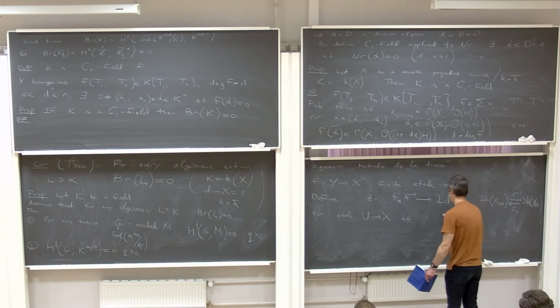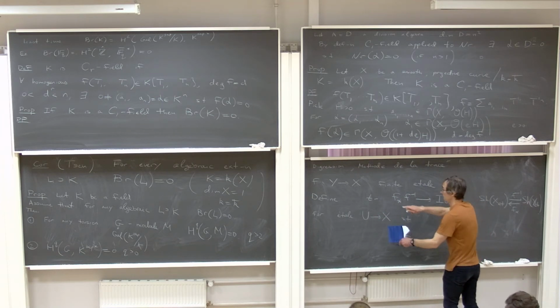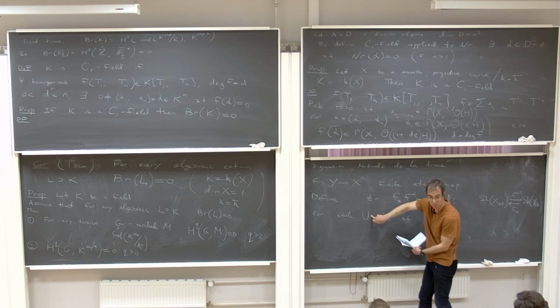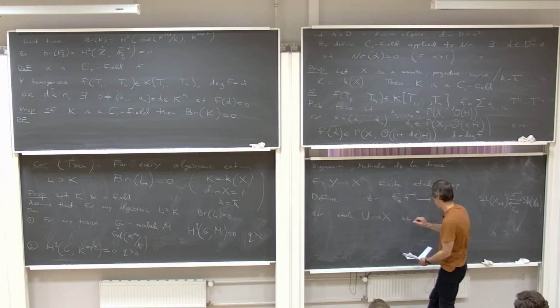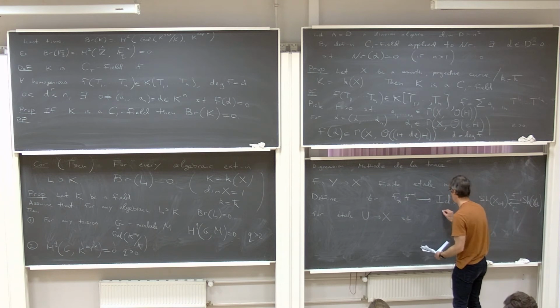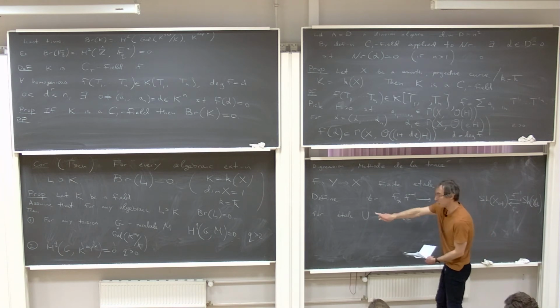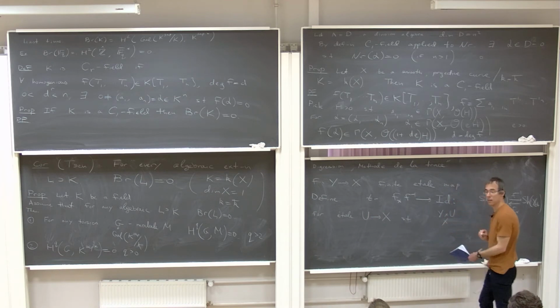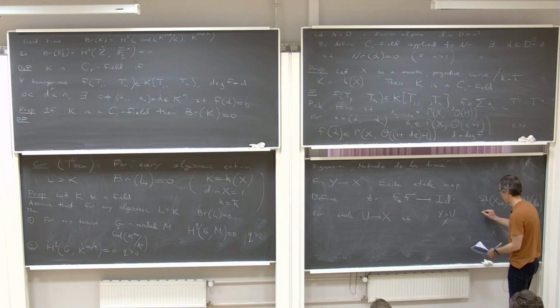I mean that this finite étale cover splits over U. Here is what it means. It means that if I take Y and restrict it to U, and the restriction means this, then it's isomorphic to U times a discrete finite set.